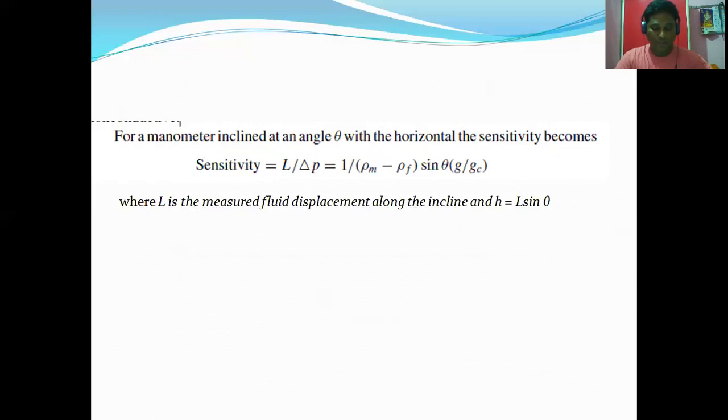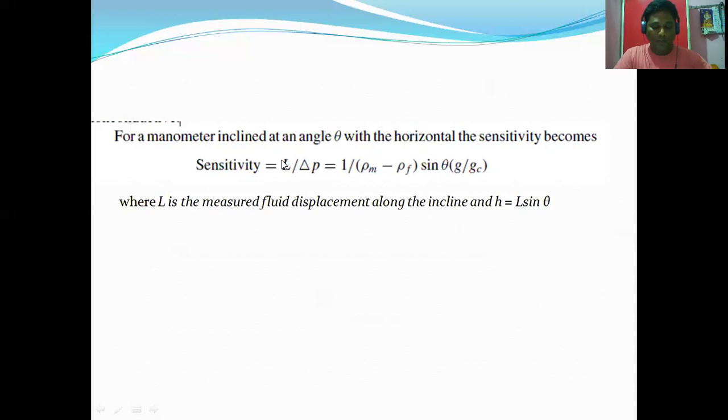Reservoir 1 contains a fluid with density P1, while reservoir 2 contains a fluid having density P2. Therefore, the assembly is subjected to the pressure difference delta P.